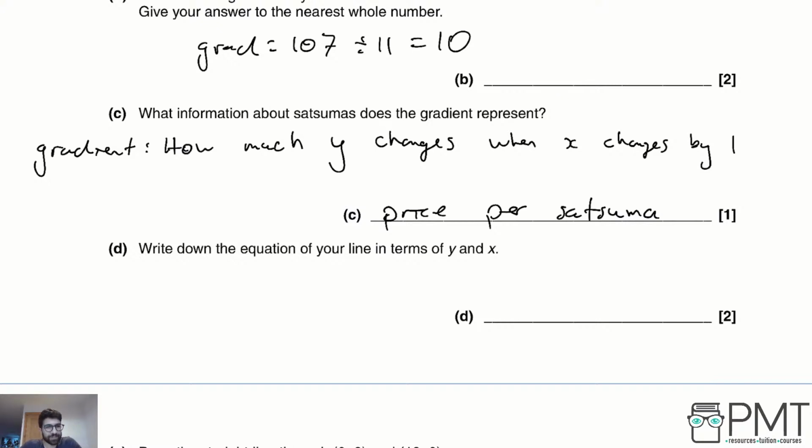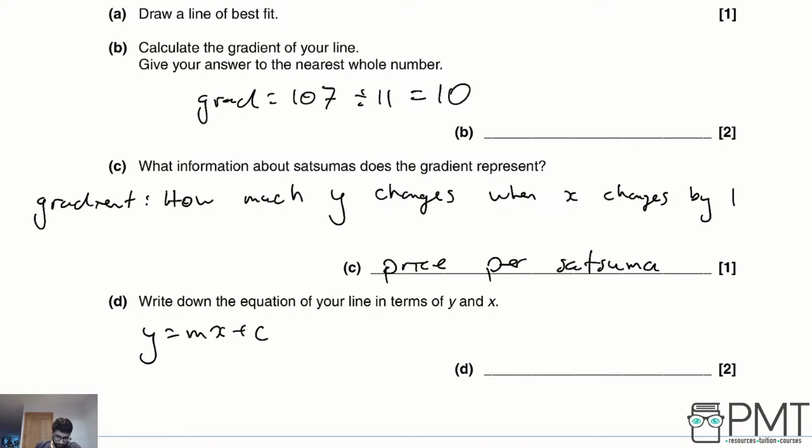And then finally, you need the equation in terms of y and x. We have got the form y equals mx plus c. We need the gradient. So we are going to write the gradient.